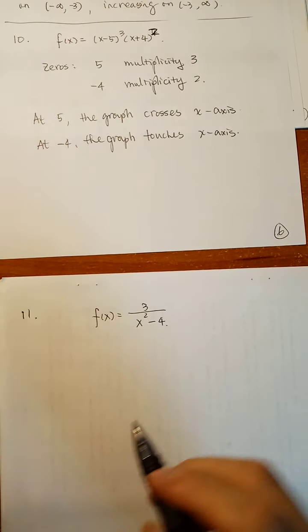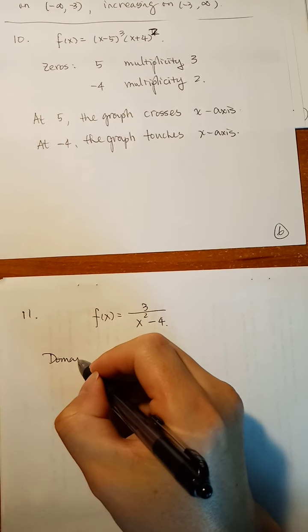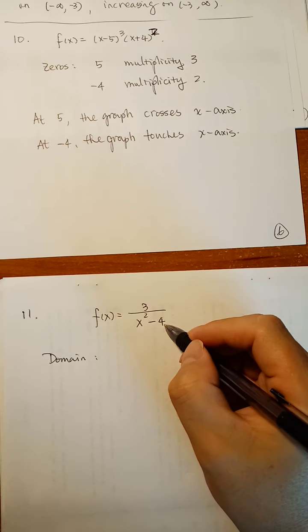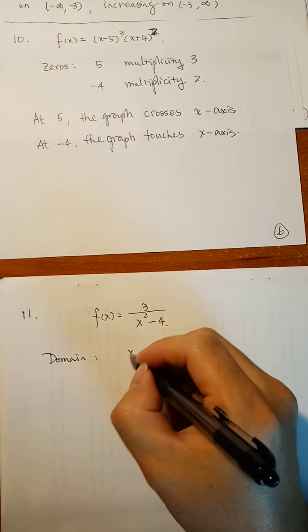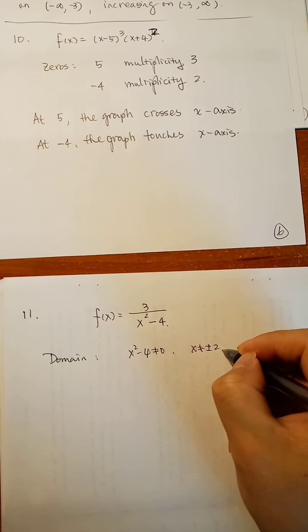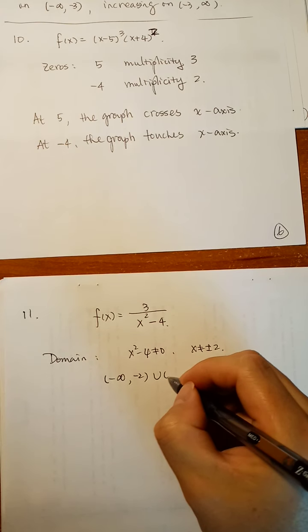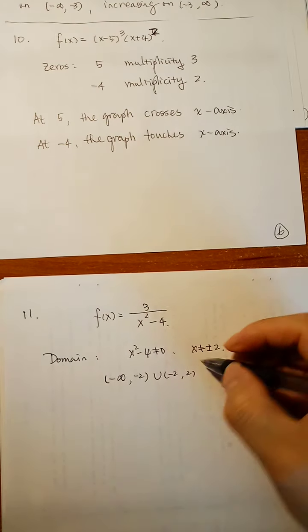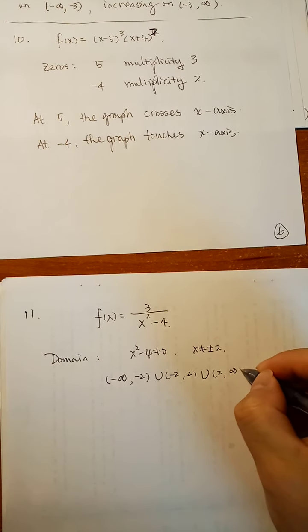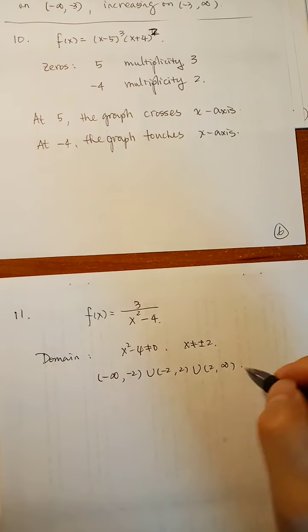Okay, so to sketch it, first, the domain. x squared minus 4 is not 0, so x is not plus or minus 2. So the domain is -infinity to -2, -2 to 2, and 2 to +infinity. This is the domain.